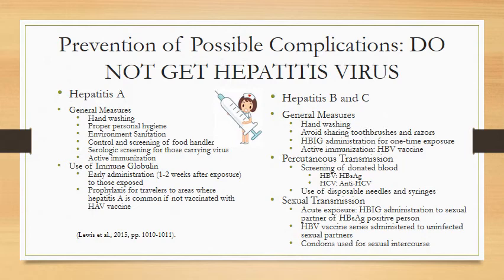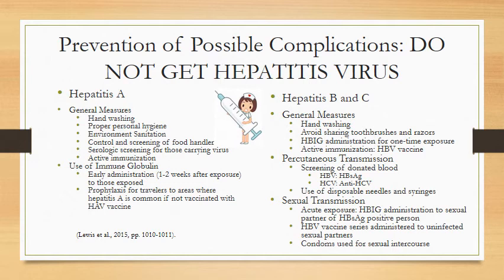To prevent hepatitis B and C, general measures include hand washing, avoiding sharing toothbrushes and razors, hepatitis B immunoglobulin administration for one-time exposure, and immunizations. Percutaneous transmission measures include screening the donated blood and use of disposable needles and syringes.